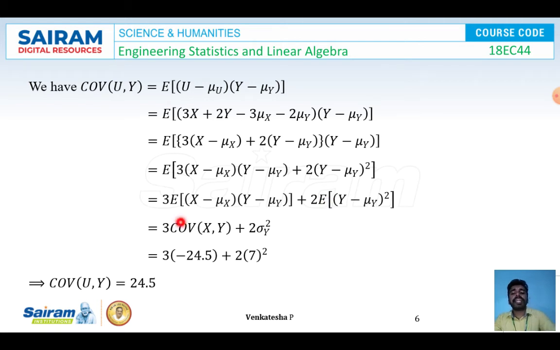So it will become 3 times covariance of xy plus 2 into sigma y square. So again replacing sigma y value and covariance of xy value, I got 3 times of minus 24.5 plus 2 into 7 square. So on simplifying this, we got the value covariance of uy is equal to 24.5.